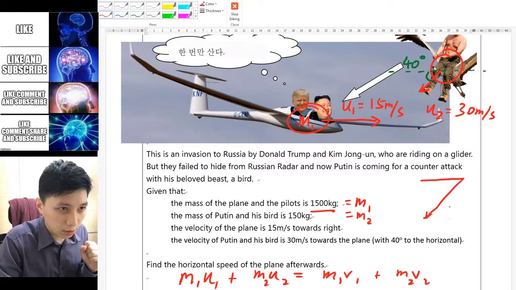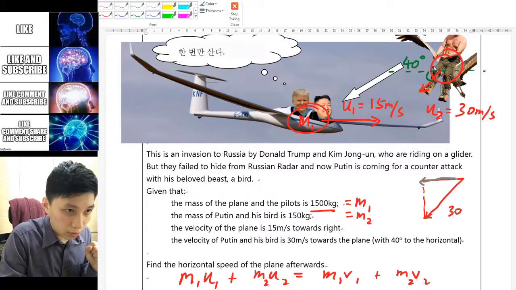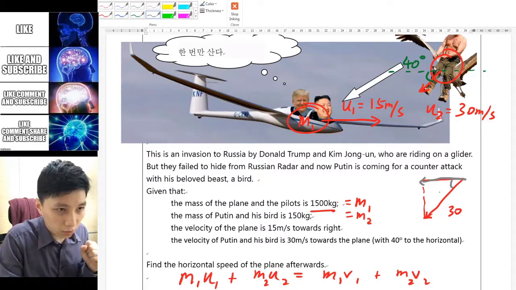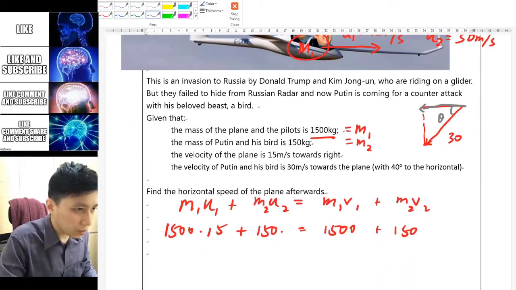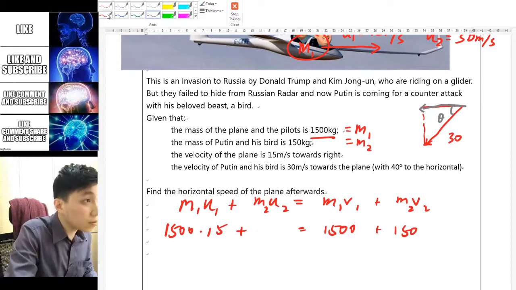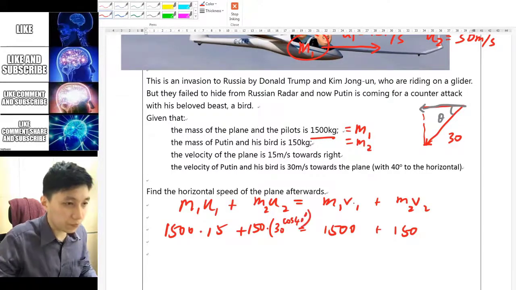So this is 30, and you want to find out the horizontal one only. And so this is the angle, and so that would be cosine 40 degrees multiplied by 30. Here I think I have to write again for more space. So multiply 30 cosine 40 degrees.